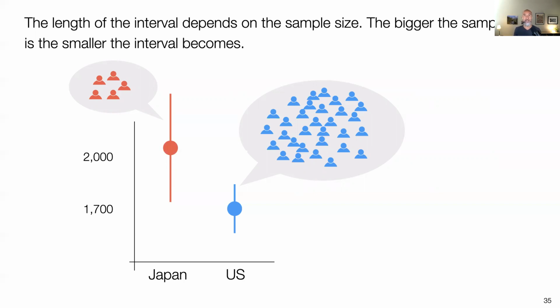You have your data, that's it. But that data can be considered as a sample in the statistics world. So sample size is basically the data size. When you have a smaller data size, the confidence interval becomes longer.